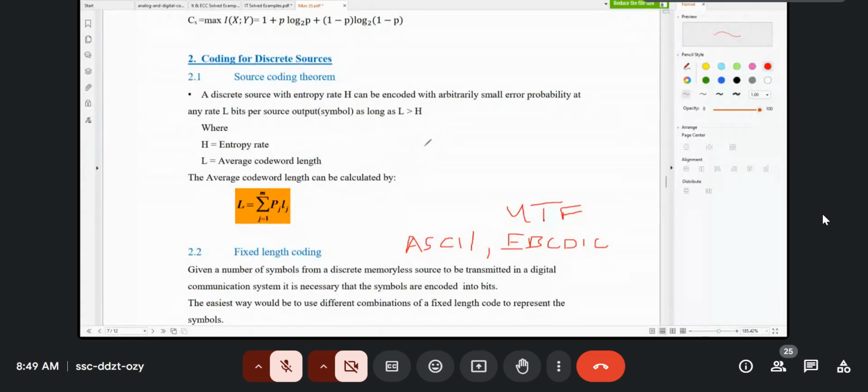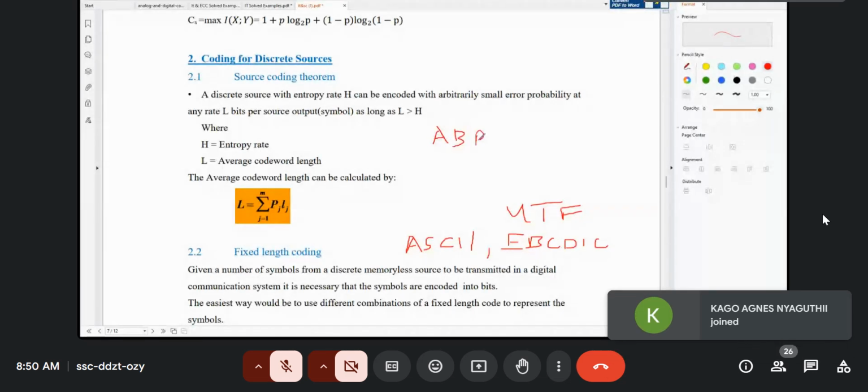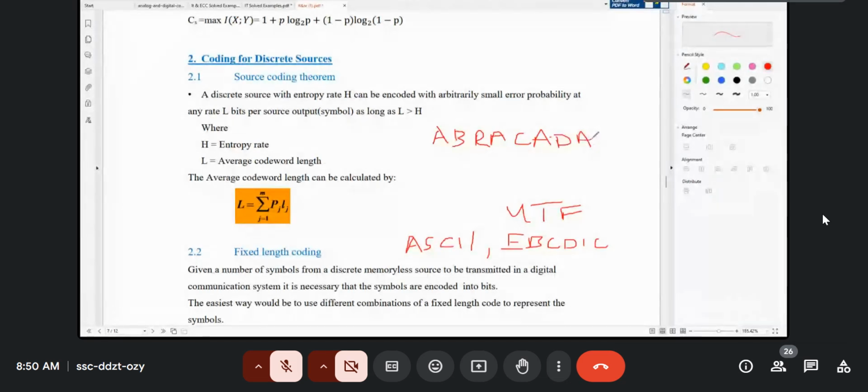I'll just use the one I know, my abracadabra example, the magic abracadabra. I think I talked about this during the introduction.